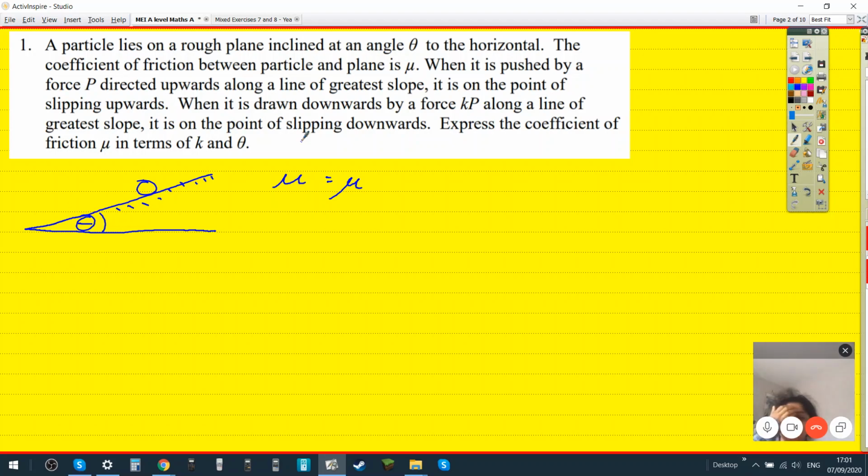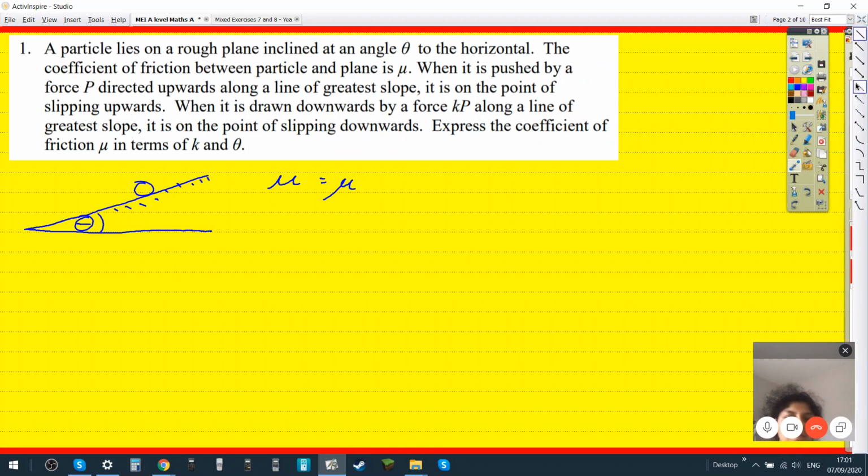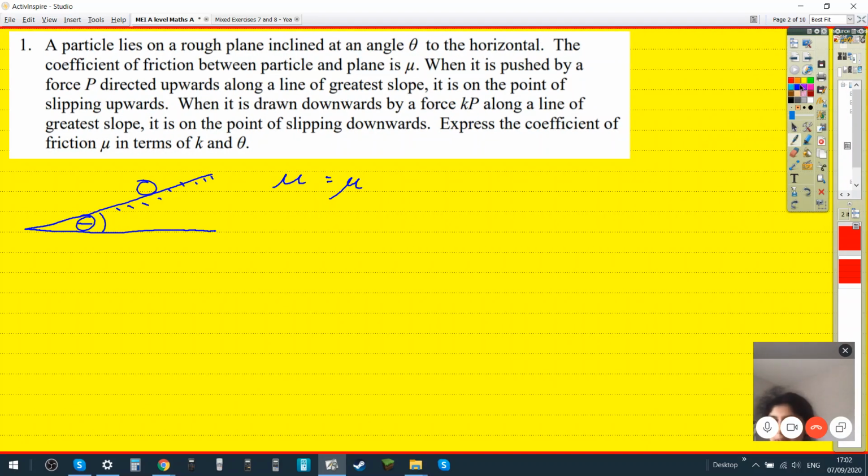Should probably put like the forces. I think you should draw two diagrams separately, the upwards one and the downwards one, because they're different, obviously.